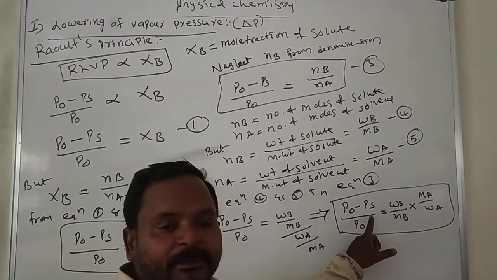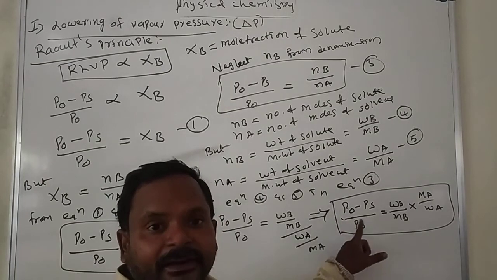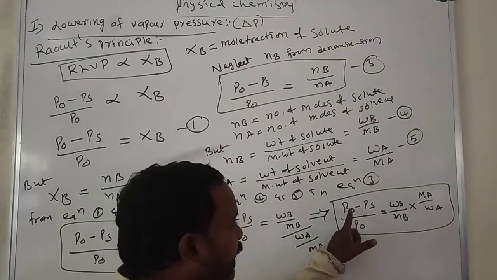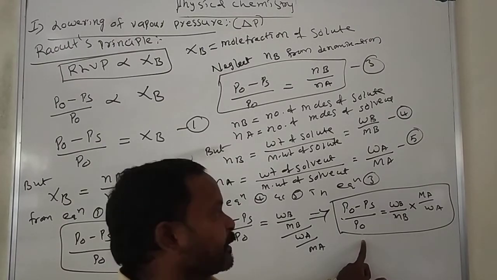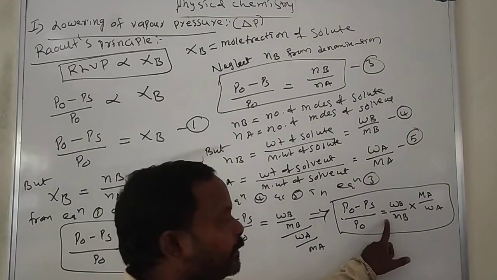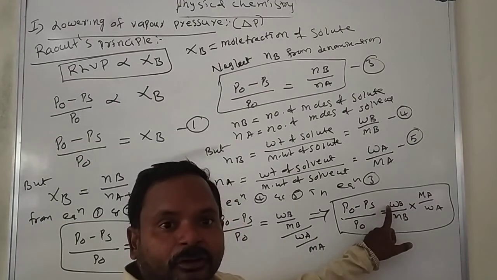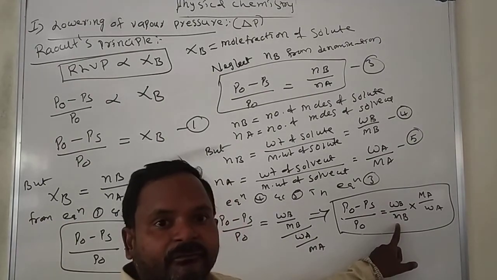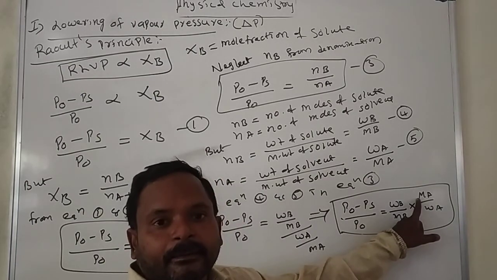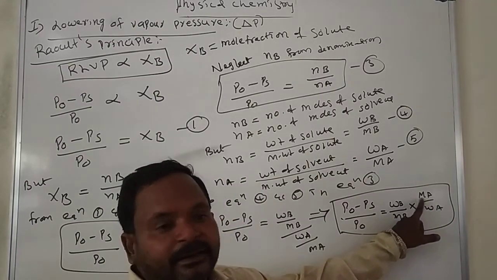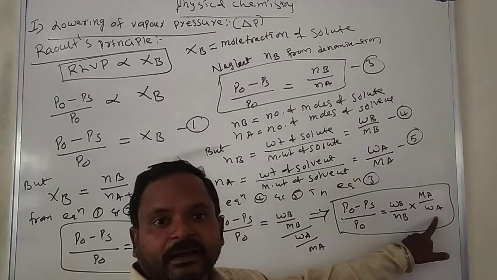Here P naught minus Ps means lowering of vapor pressure. P naught minus Ps by P naught is equal to relative lowering of vapor pressure, which is equal to Wb, weight of solute, Mb, molecular weight of solute, Ma, molecular weight of solvent, Wa, weight of solvent.